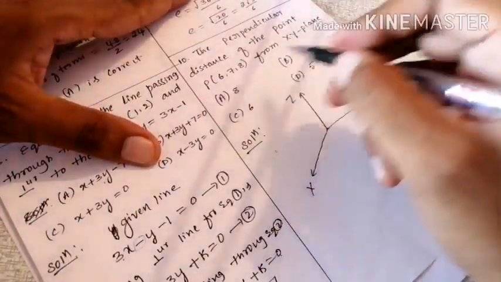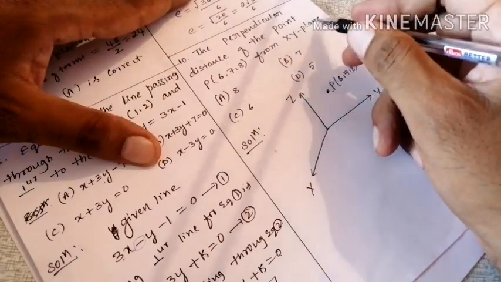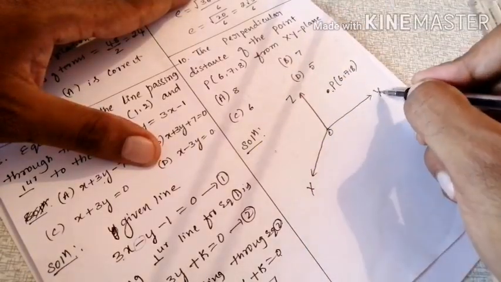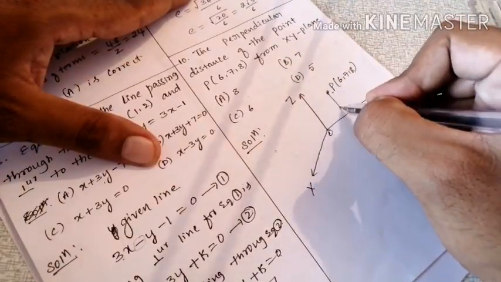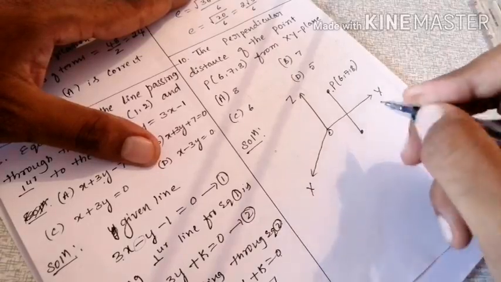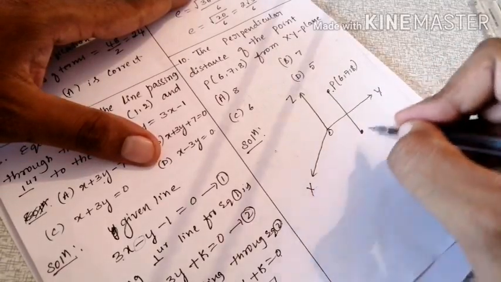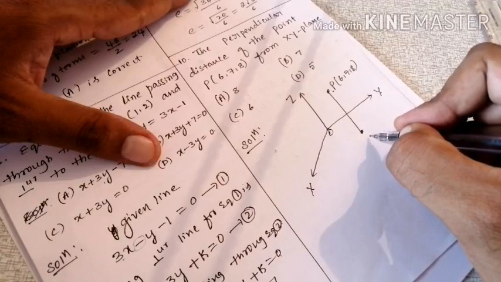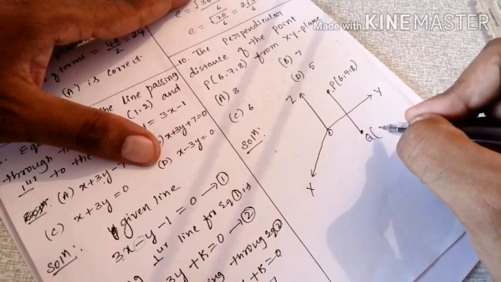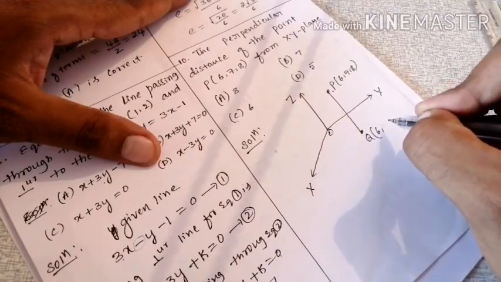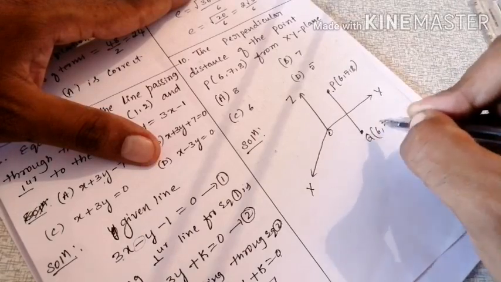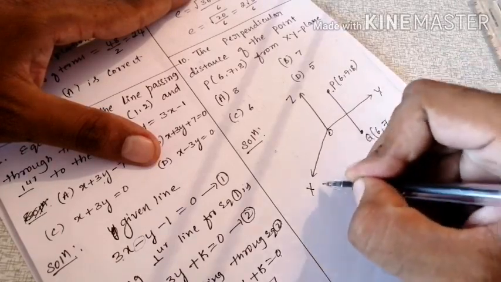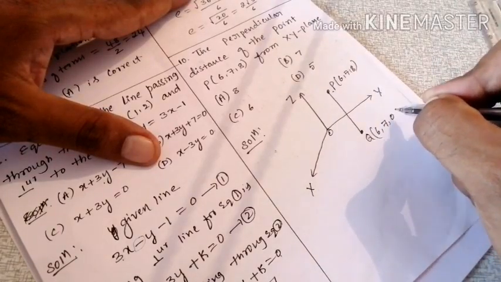Perpendicular distance from this point to the xy plane. This is the xOy plane, which means we have to draw a perpendicular to here. Keep it in mind, a point in the xy plane has the same x coordinate, the same y coordinate, but z is absent, that is 0.